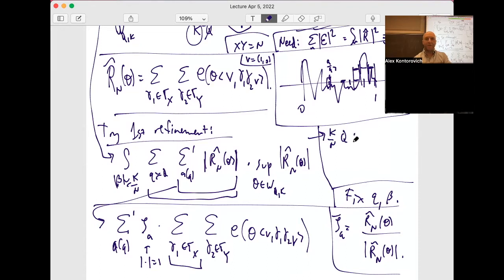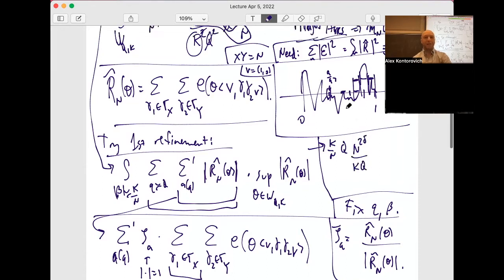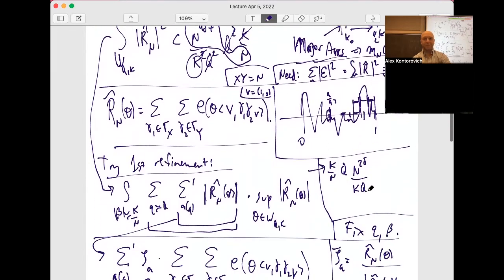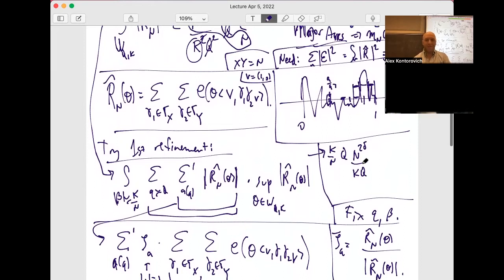The supremum bound is n to the 2 delta over k cubed, that's what we proved last time, if you recall. It's n to the 2 delta over k cubed, times this sum over A and then R hat, times the first Kloosterman refinement. So the Q's are gone, the K's are gone. The trivial bound on this is Q times n to the 2 delta.